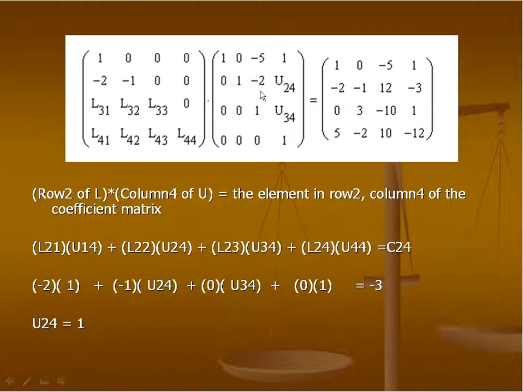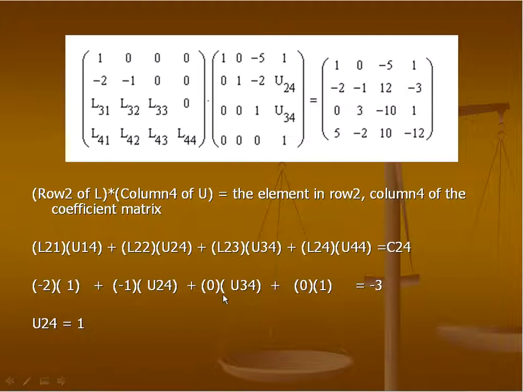There it is. Okay? And then row 2 times column 4 is equal to the element in row 2, column 4. Okay? So negative 2 times 1 plus negative 1 times U24 plus 0 times U34 plus 0 times 1 is equal to negative 3.